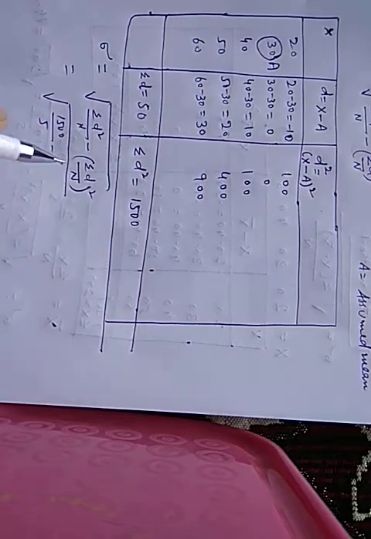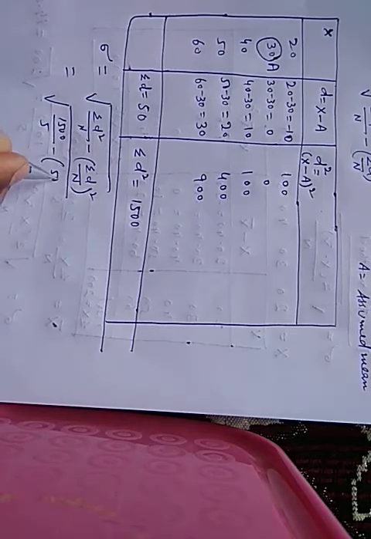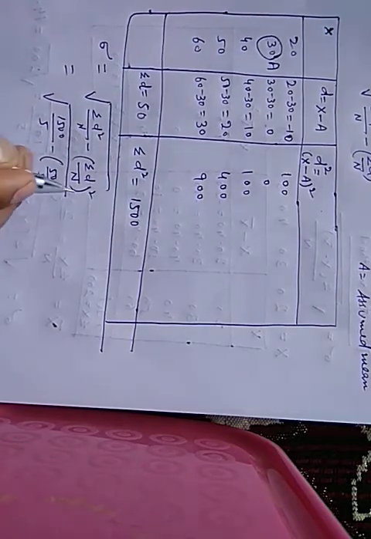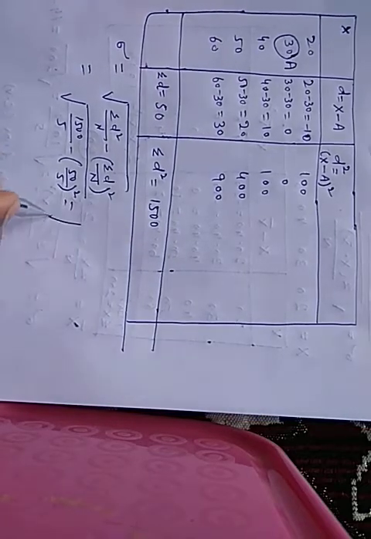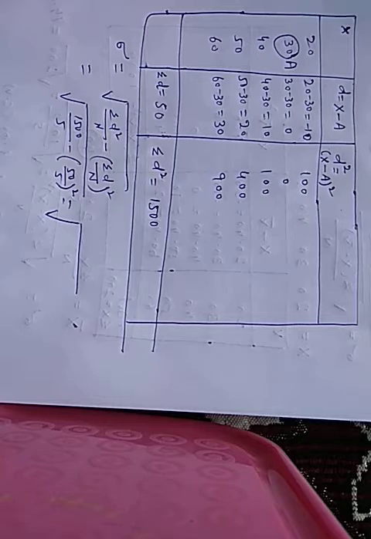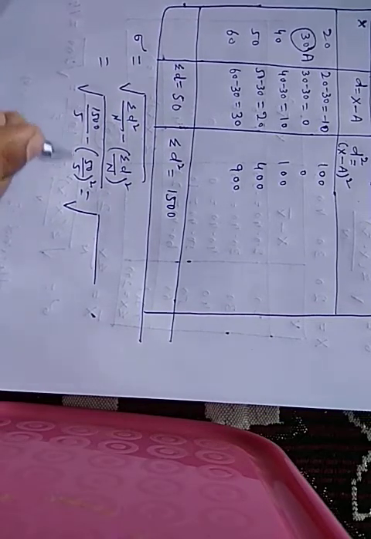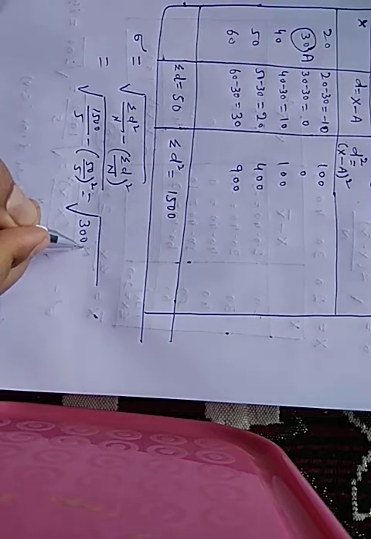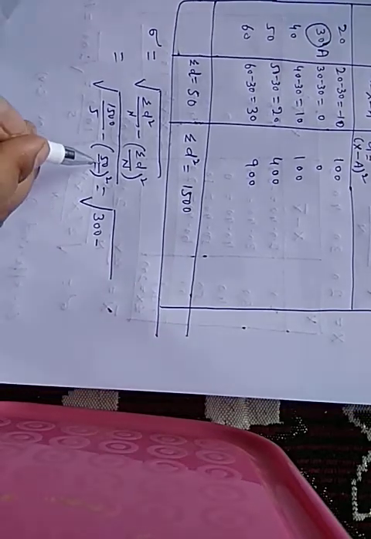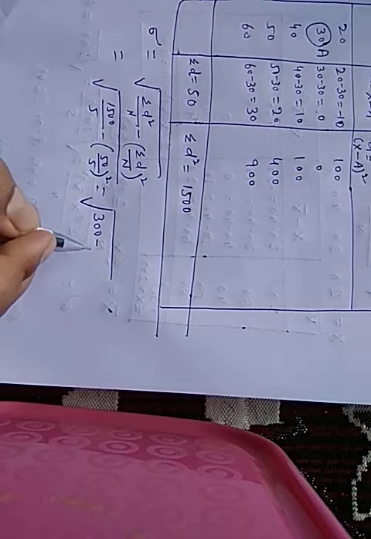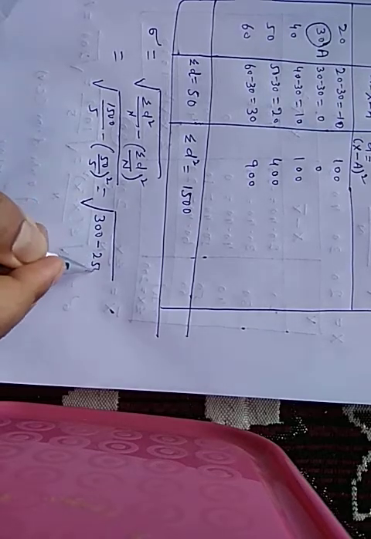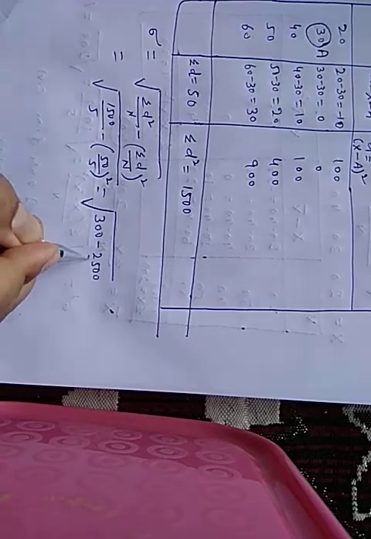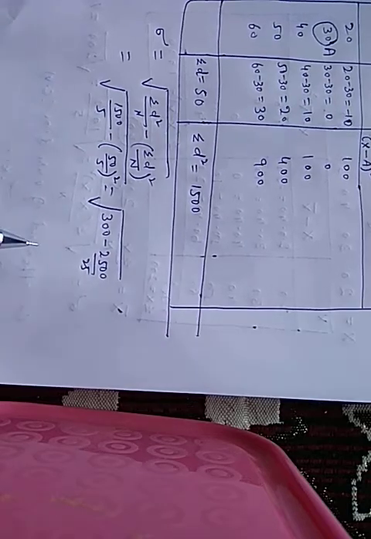minus sigma d, which is 50, divided by n, which is 5, whole square. It will be equal to 300 minus 50 divided by 5, which is 10, whole square.